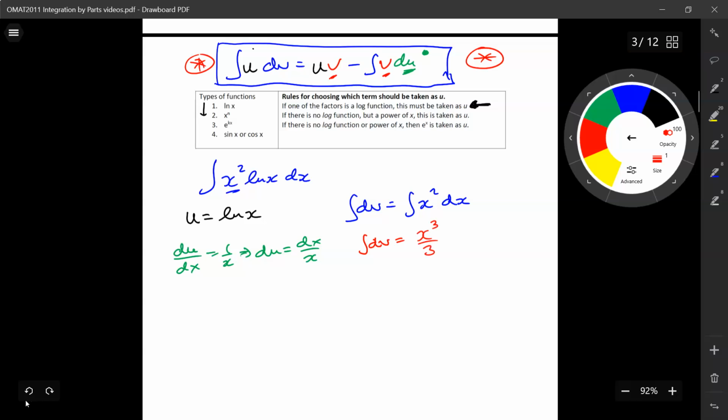So if I come along and plug that into the formula, the integral of x squared times log of x dx is equal to u, which is the log of x, times v, which is x cubed over 3. So let's just say that v is equal to x cubed over 3.